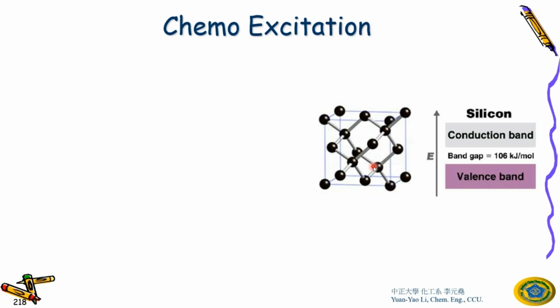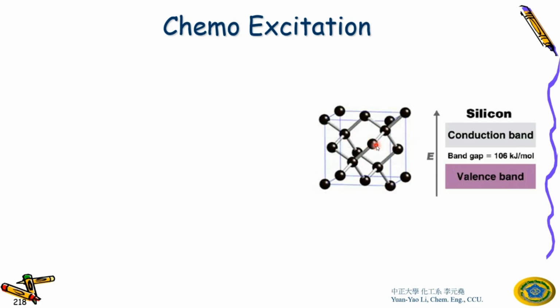So imagine if we replace one of these silicon atoms with a foreign atom, for example phosphorus, or boron, these kinds of different atoms. That means the property of this material, silicon, changes because of the foreign atoms, right?